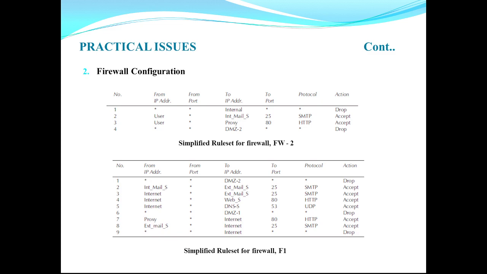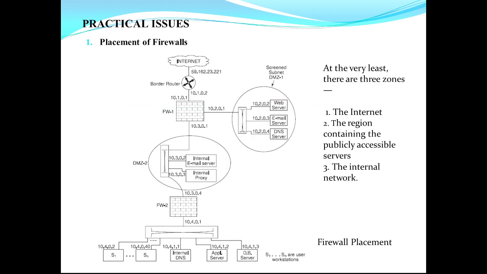All the machines are able to access that. He can also select one particular user, only one user, and enable it for him alone, depending on how he wants it. So the last thing is the placement of firewalls.